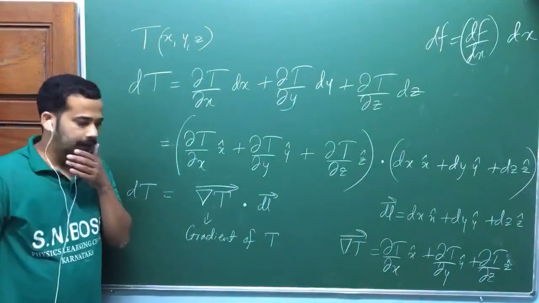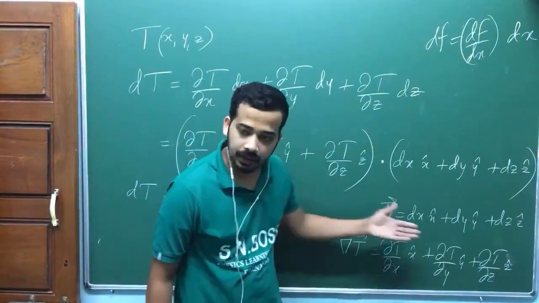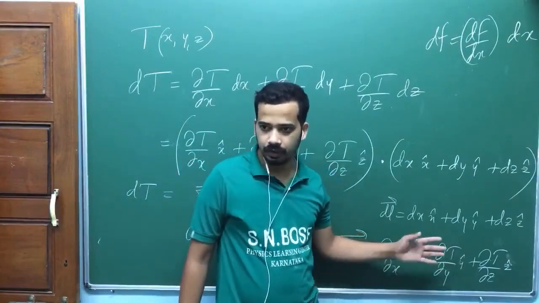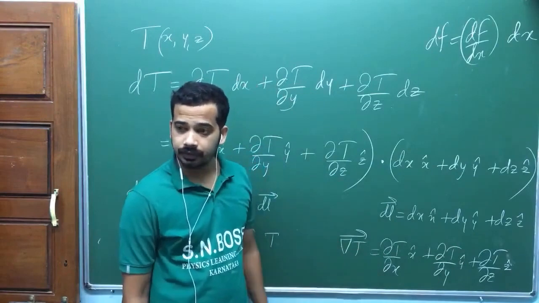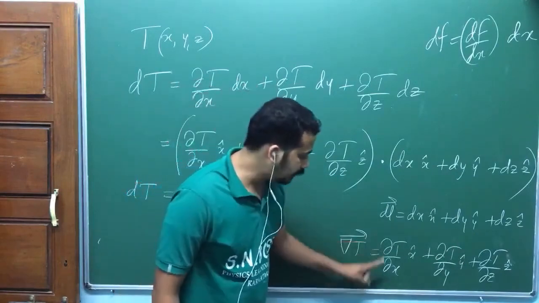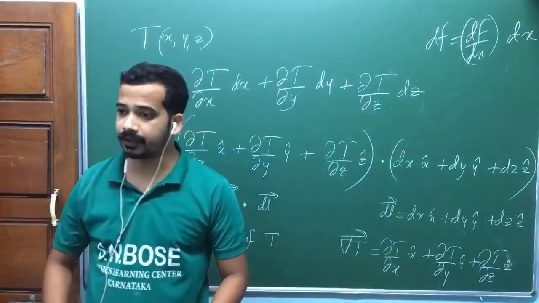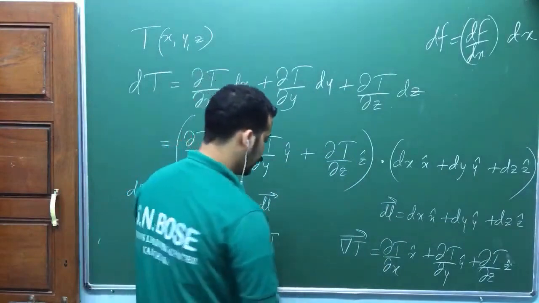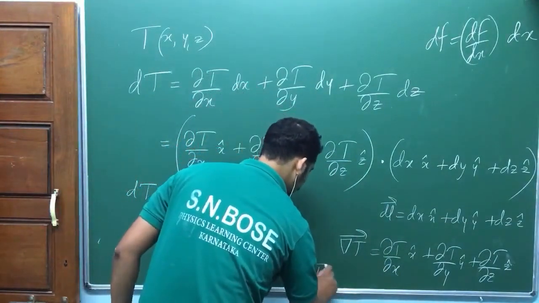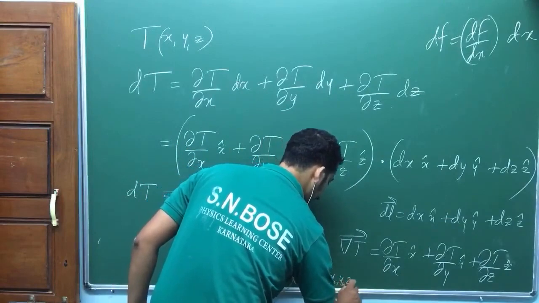Now look at this gradient. This is also a kind of operation on some scalar, and this is also a point operation. Can you see this one? Because these are partial derivatives, those derivatives are taken at some point in space, isn't it? We say we have taken the gradient at some point in space, x naught, y naught, z naught.